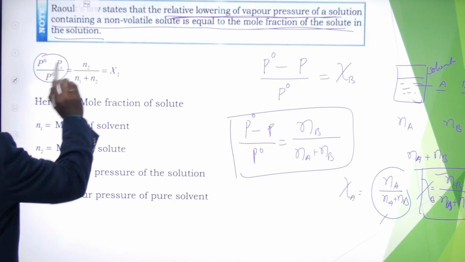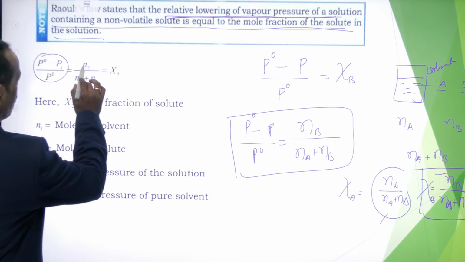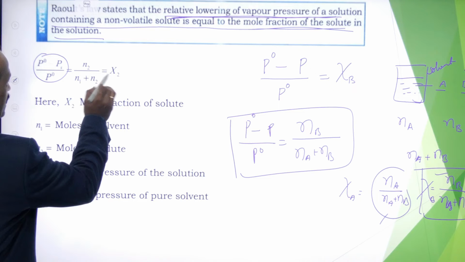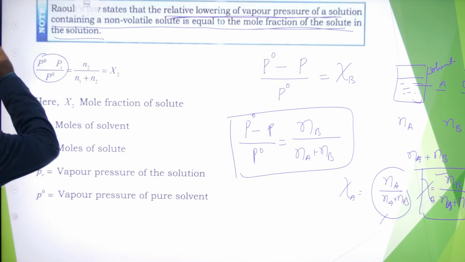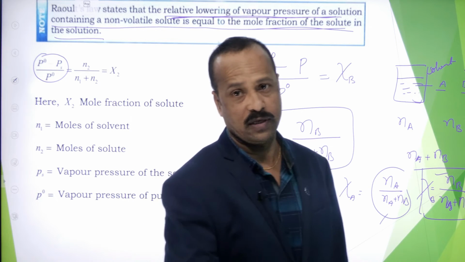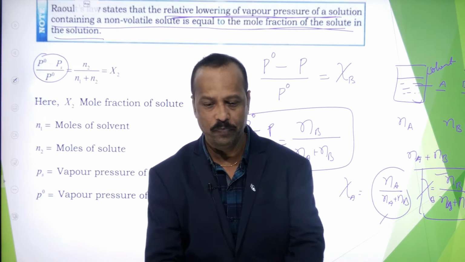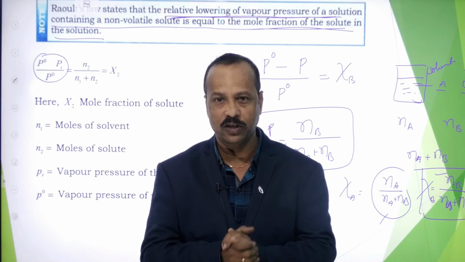In the place of B, they have taken 2, and in the place of A, they have taken 1, so it becomes N2 by N1 plus N2. That's all. So this is about the relative lowering of vapor pressure, Raoult's law. Is this clear to you? This is today's topic. With this, this part of the synopsis is done.